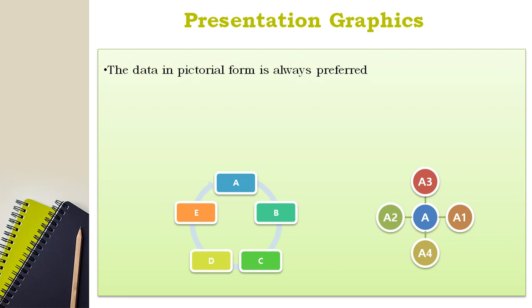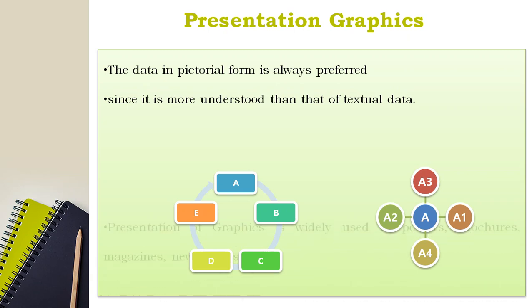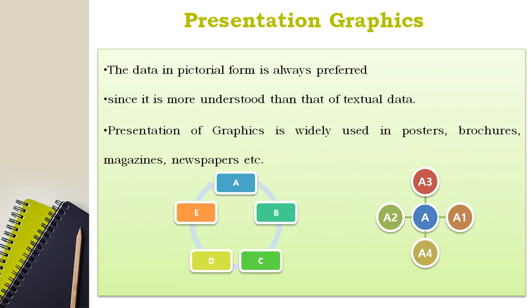The data in pictorial form is always preferred. It's the best representation since it's more understood than that of textual data. Presentation of graphics is widely used in posters, brochures, magazines, and newspapers.